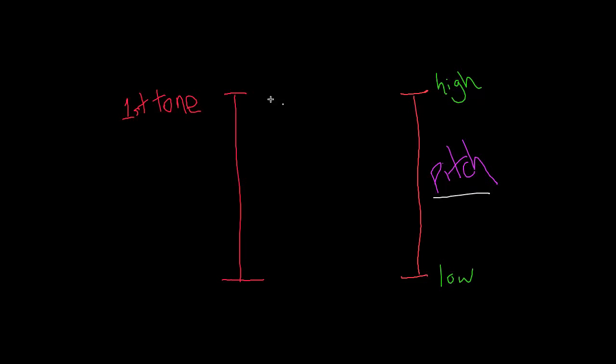So if I was to speak English in the first tone, everything would sound really high. It would all be at the top of the register. I would be speaking in a monotone voice as high as was comfortable for me. So that's how the first tone works.